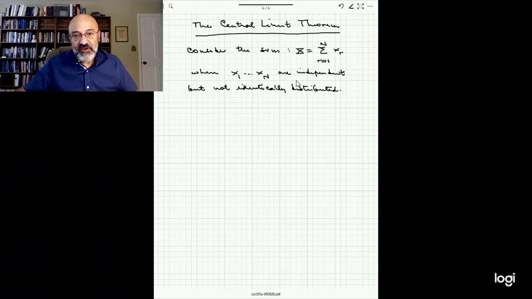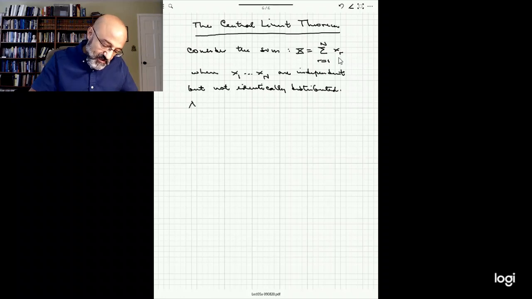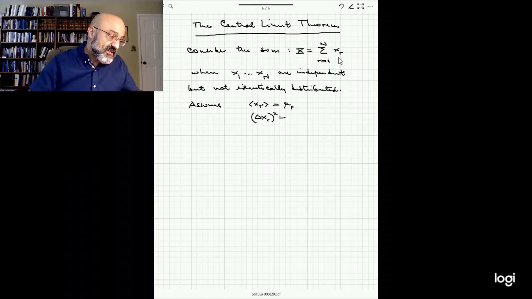Okay, in order to figure out the probability of capital X, we do need to know something about the distribution of the micro variables. And so we're going to assume the following. We are going to assume that the expected value of XR is known, mu R, and that the variance of XR is also known.